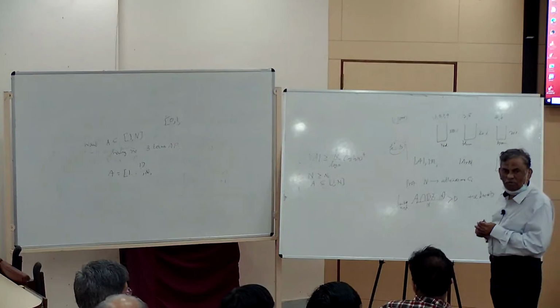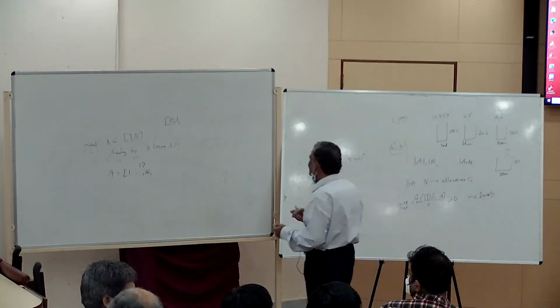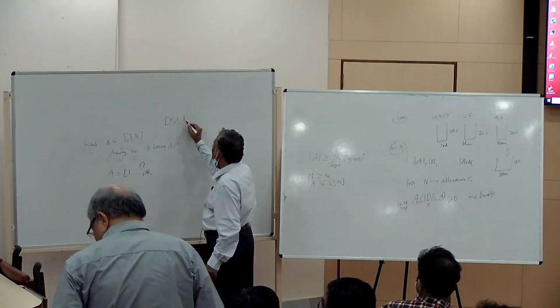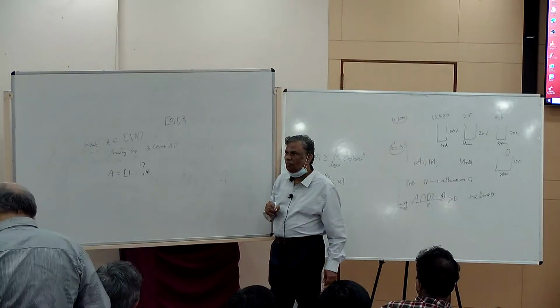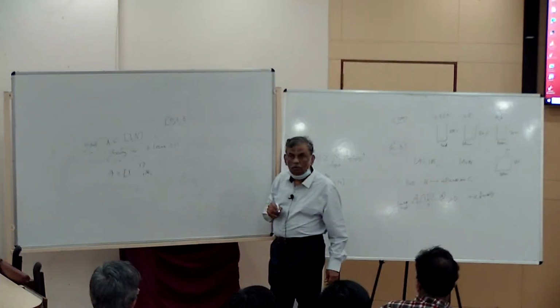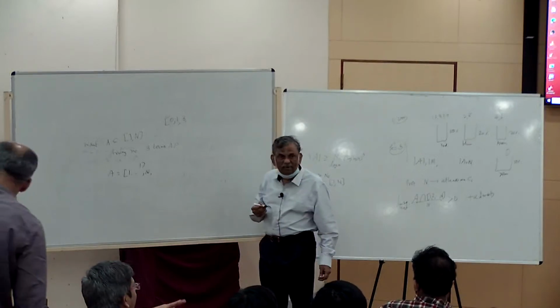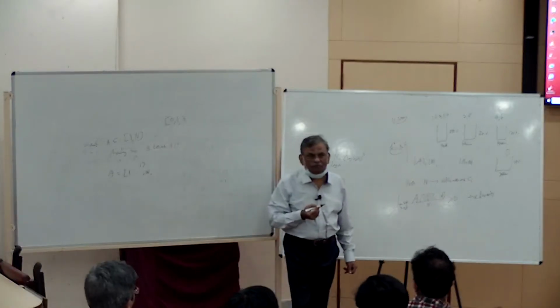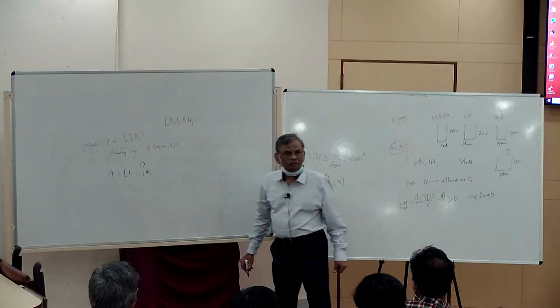Therefore, 2 cannot be there. What about 3? 3 can be there, good. Let us put 3. What about 4? Can we put 4? No, why not? 1 plus 3 equal to 4, and we do not want 3 terms in progression. What about 5?